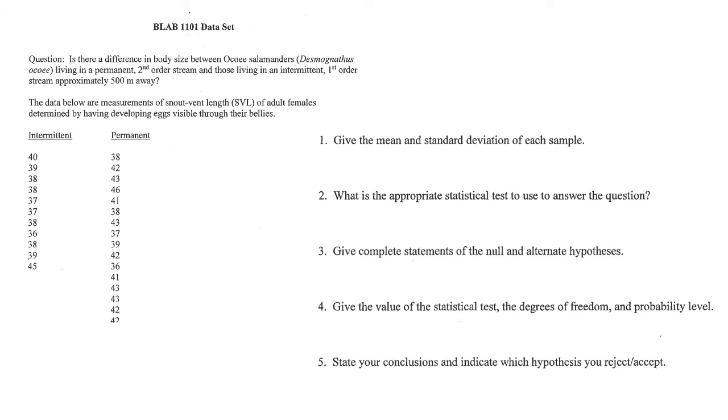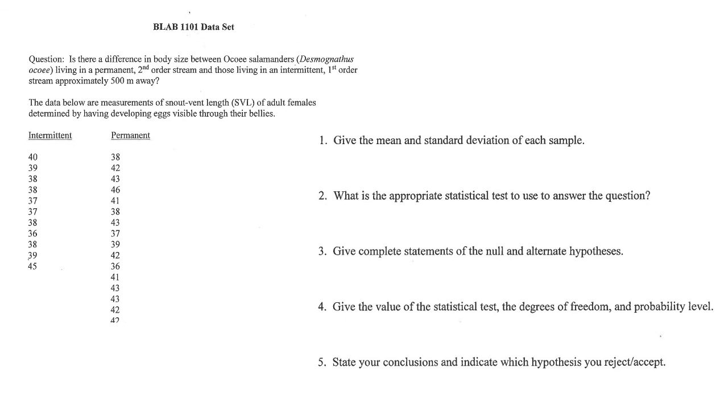I want to make sure you guys come up with the same math that I did, and just work them all by hand. So you've got the mean and standard deviation for each sample, the answer to the appropriate statistical test. Number 2 is the t-test. We're not going over any other tests at this moment, with being online and all that.